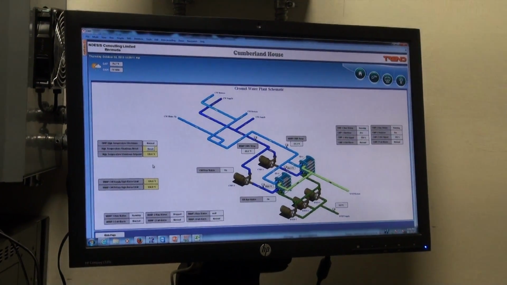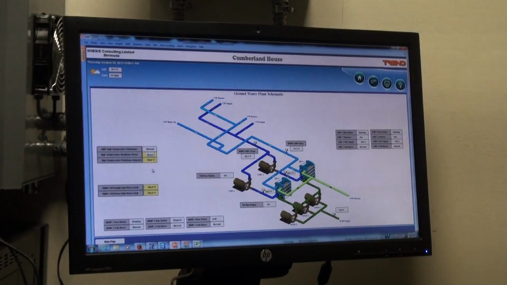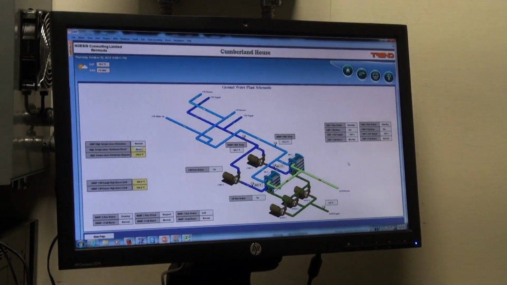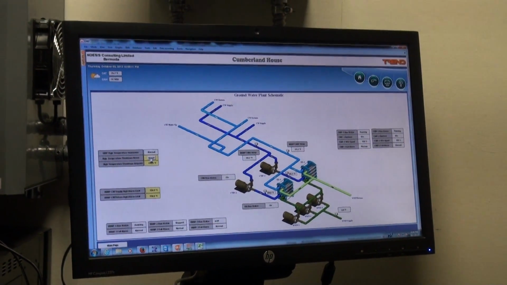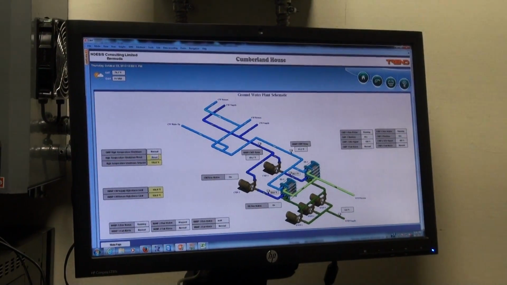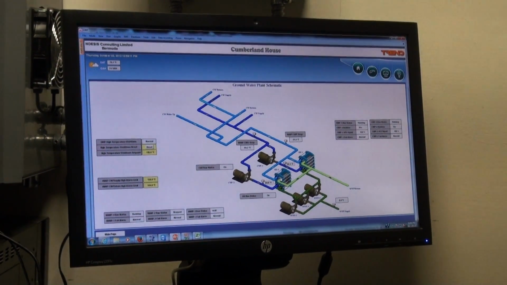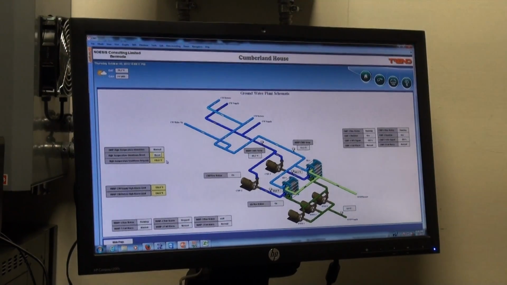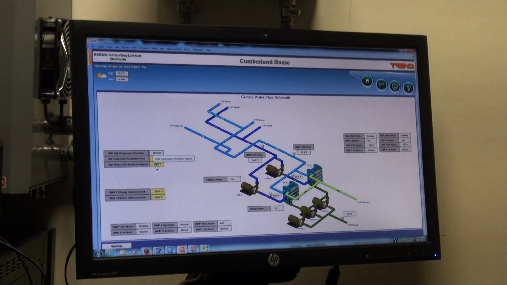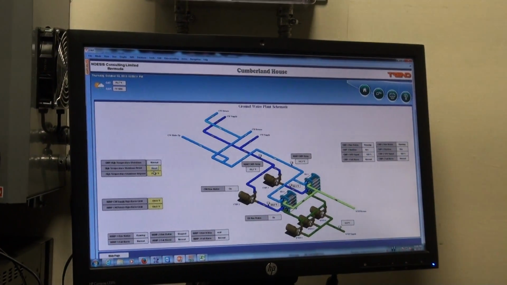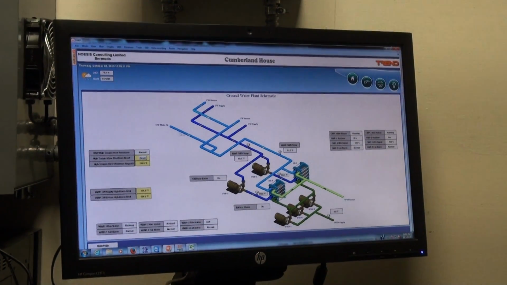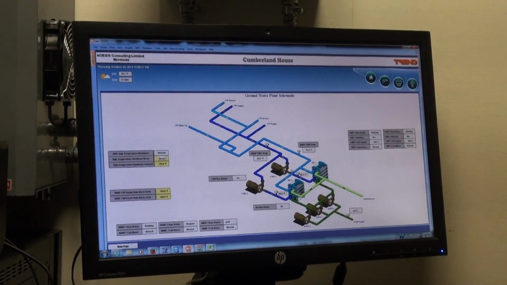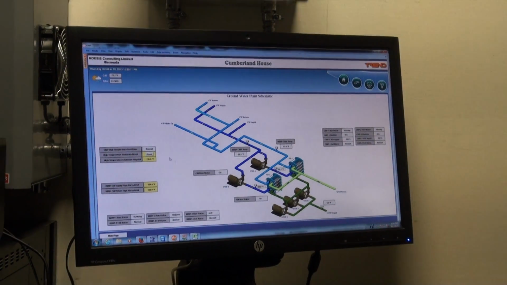We have an over temperature shutdown on this system. So if the temperatures of these heat exchangers go above 110 degrees, the whole system shuts down, and that's to protect the pipework, the plant, the equipment.